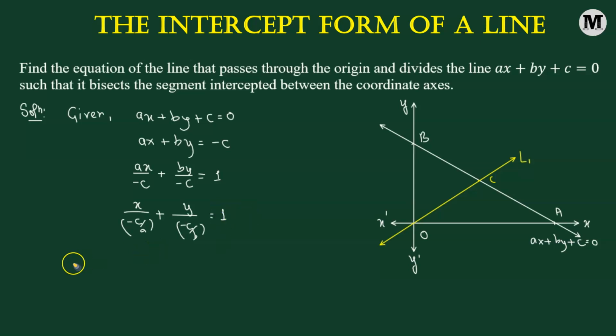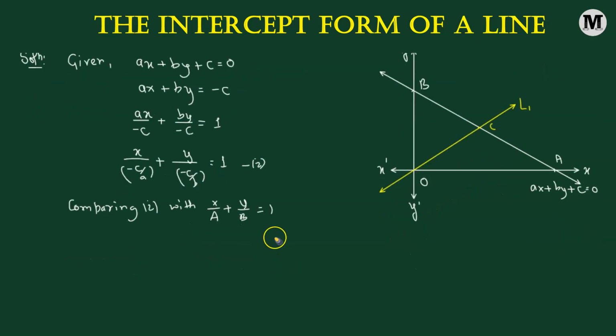So we're going to compare it with the intercept form of the line. Let this be equation number 1. So comparing 1 with x over a added to y over b equals 1, which is the intercept form of a line, we get a equals negative c over a and b equals negative c over b.